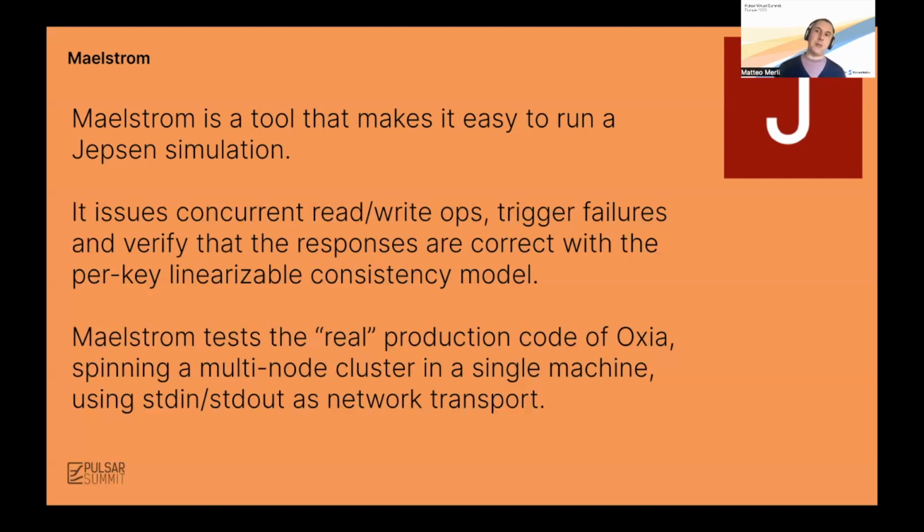So not TCP networking, but writing JSON commands on stdout. Basically, we swap out gRPC for this stdin and stdout transport, but everything else is the same. All the controllers, the leader election, everything is real production code. This is a very valuable tool that can discover a whole class of problems in the system.